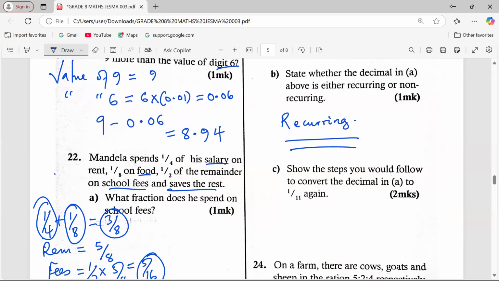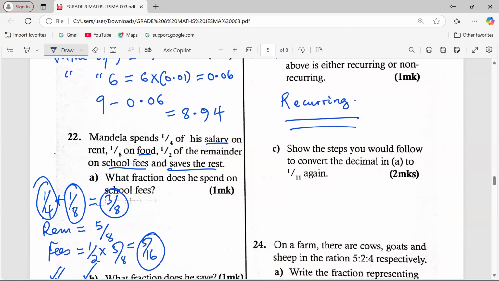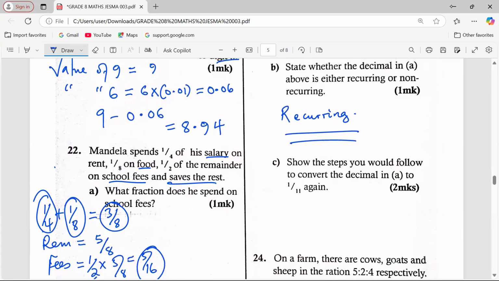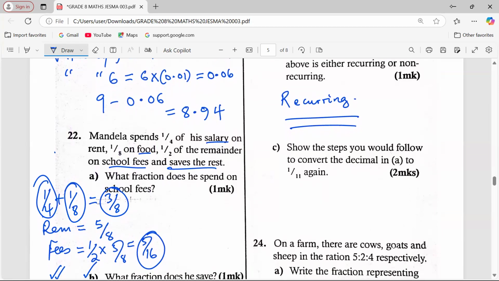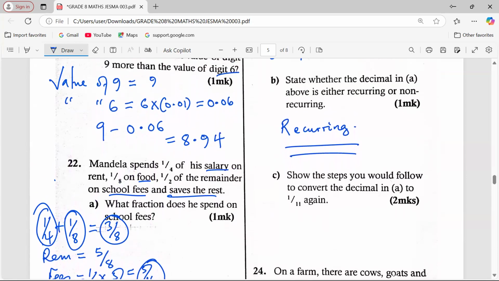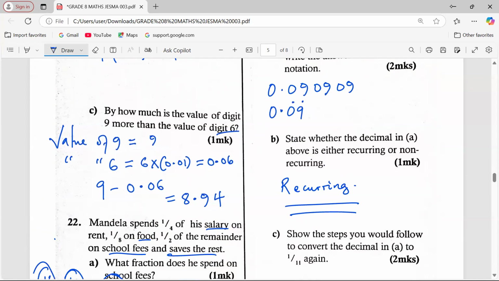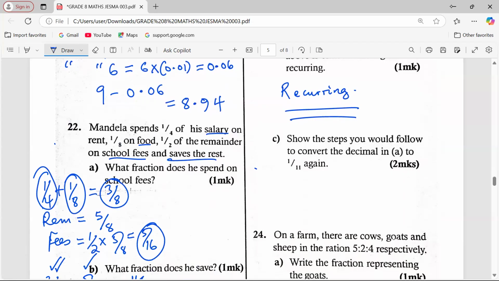Show the steps you would follow to convert the decimal in A to 1 divided by 11 again. So how can you convert back? You will see that the value of X equals 0.090909 that way. So that 10X becomes 0.90909.